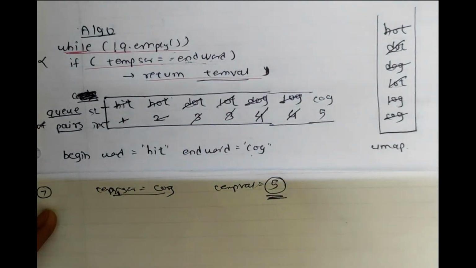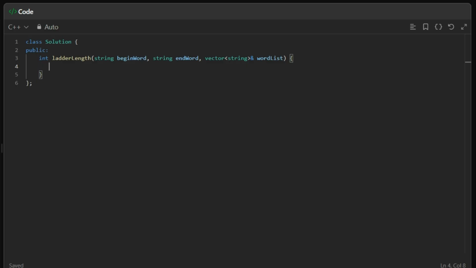So let's code this. After understanding the approach, make an unordered set. This will contain the word list.